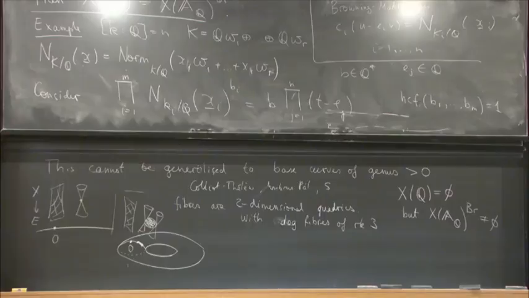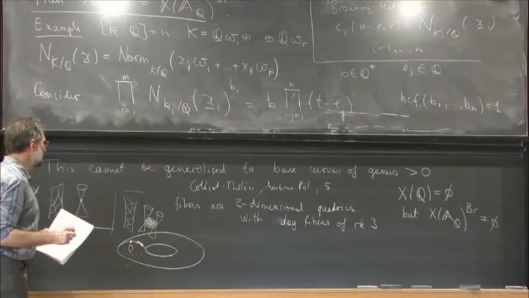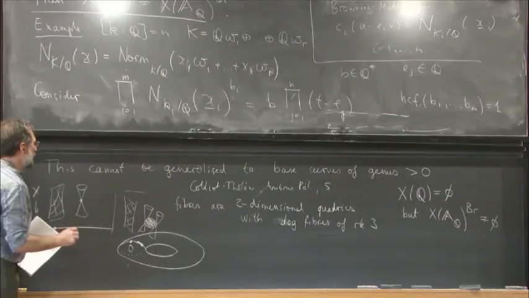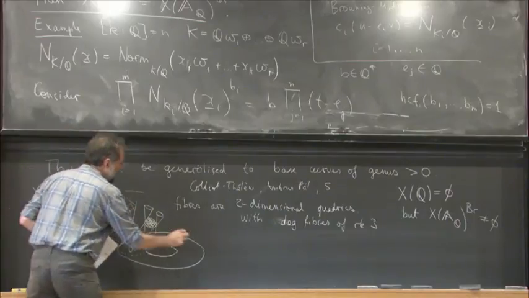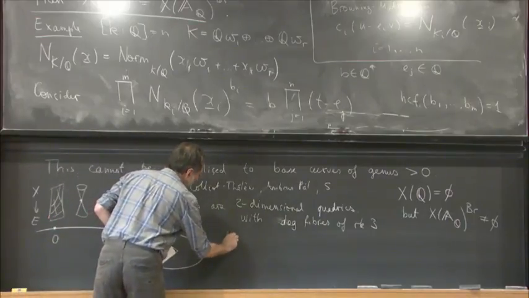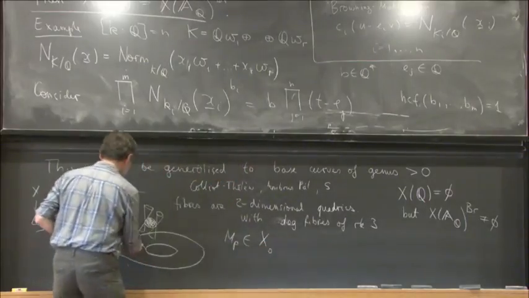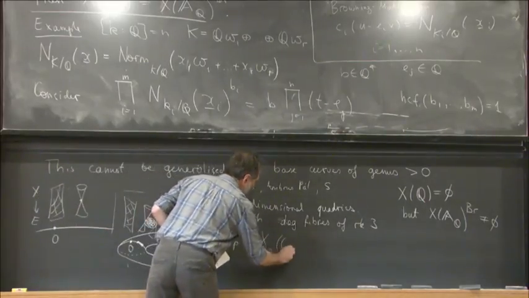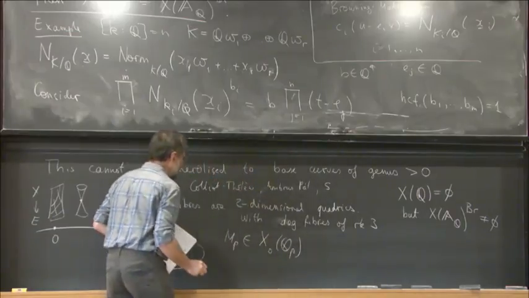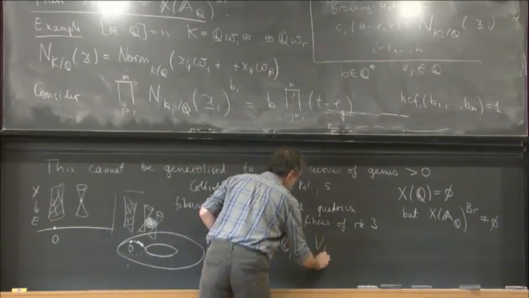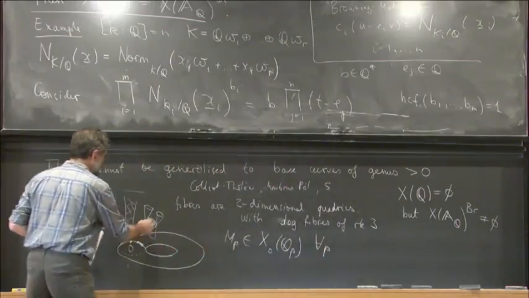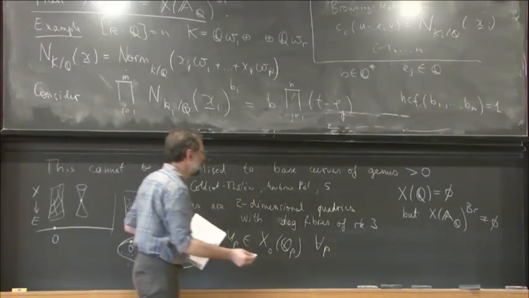Okay, so the idea is to consider the adelic point such that, if p is a prime number, take M_p in the fiber over 0. So 0 is this point. For all primes p, and then take any real point where you can find it.